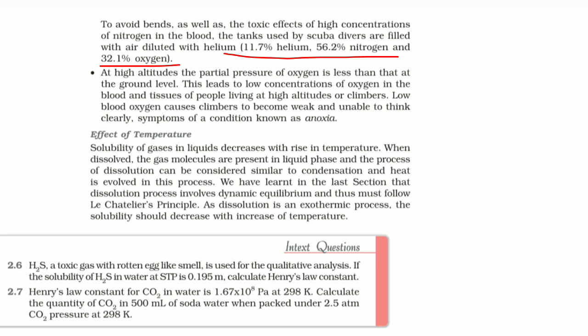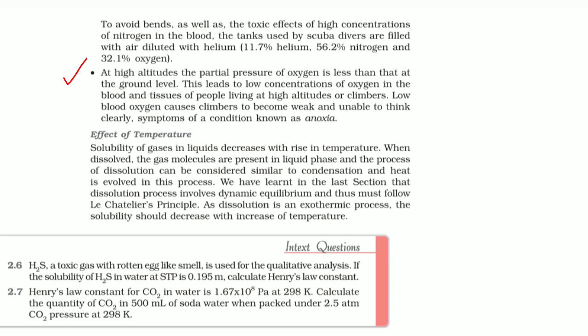Hope you understand this second example. And the third example is actually opposite to the second example. This is observed in the case of climbers, people who go trekking to high altitudes.